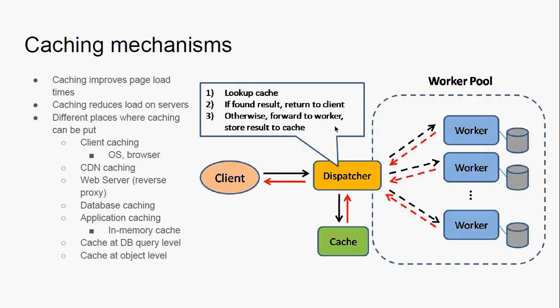I meant this picture to be very generic, which means that these workers could be your databases, your application servers, or your web servers. So the cache can sit in any of those layers, right?